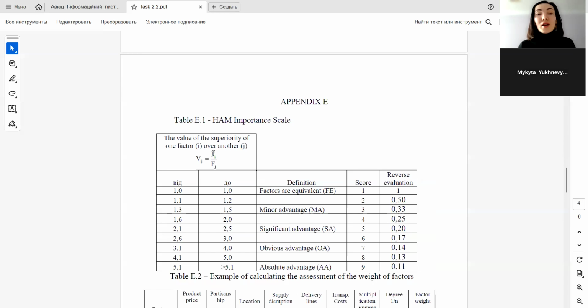For example, if we divide the ratio of factor 1 by the ratio of factor 2 and find this value, for example 5.1 or more, we can think that it is an absolute advantage of factor 1 over factor 2, and we can put factor 1 score 9, and for the other factor, for example, we can put 0.11.